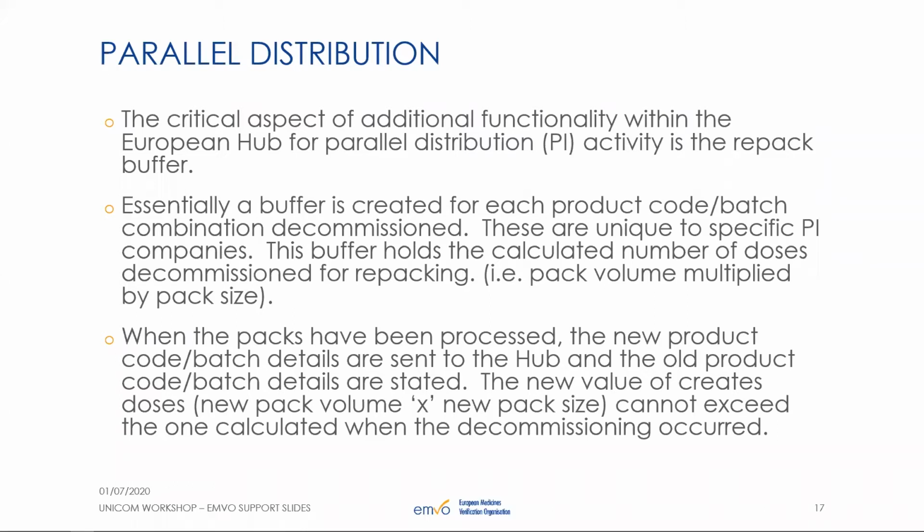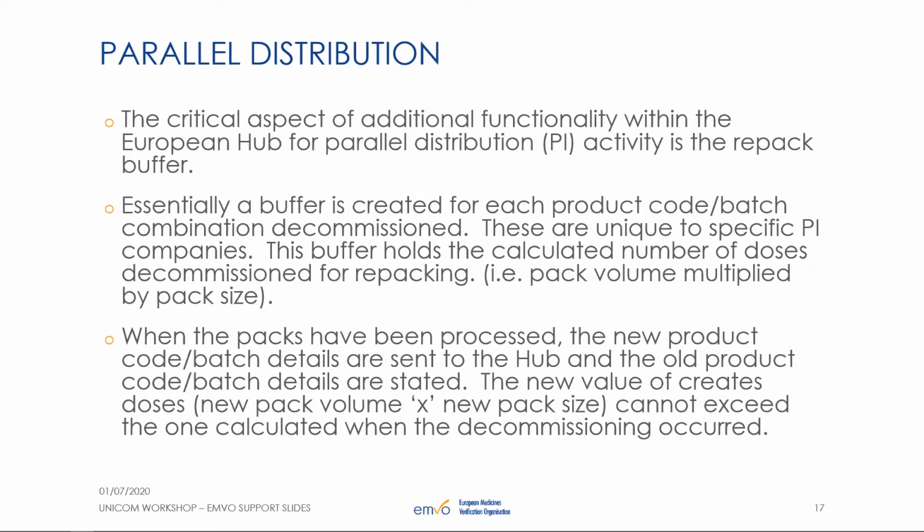During the recommissioning, the system checks that the parallel distributor is recommissioning at most the same number of pills as is present in the buffer. If I have 1,000 packs of 28 pills, that's 28,000 pills. If I repack into 56 pills per pack, I will not be able to commission more than 500 packs, because it will also be 28,000 pills.